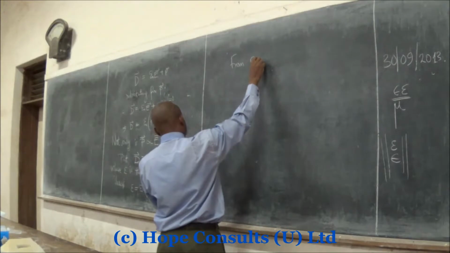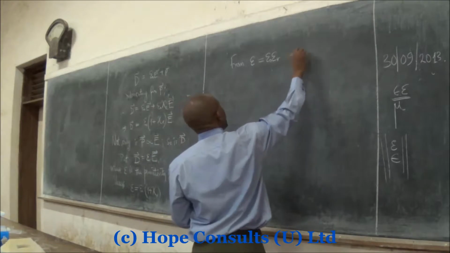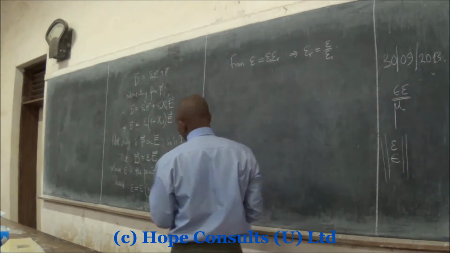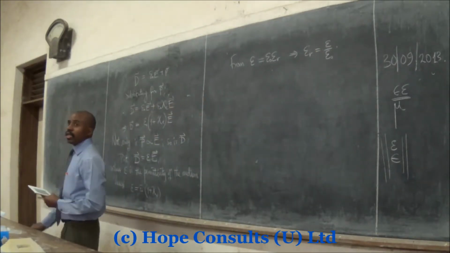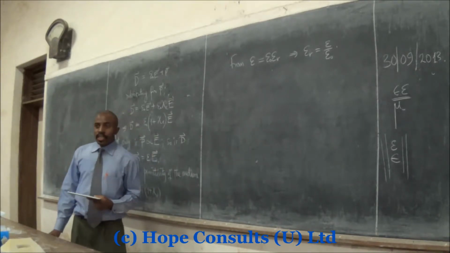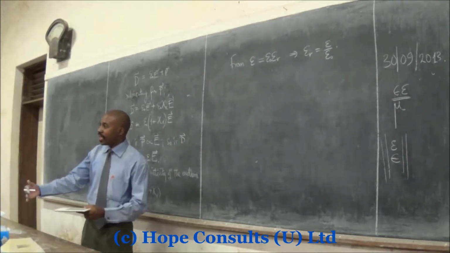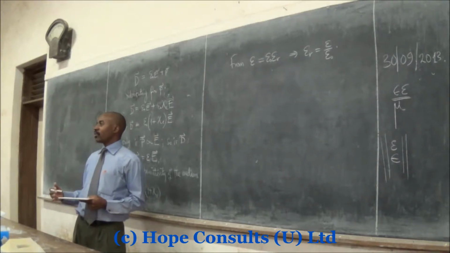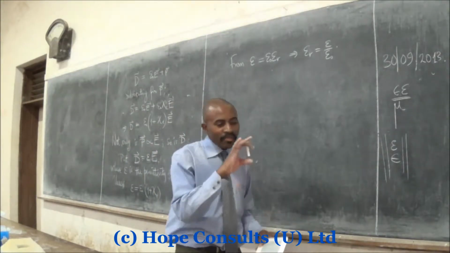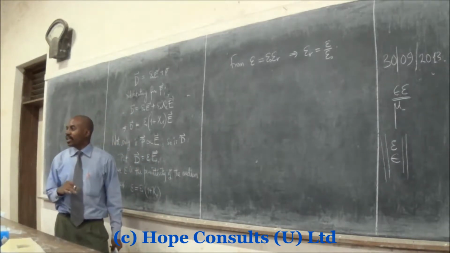So from epsilon equal to epsilon naught times 1 plus chi E, this would imply that epsilon over epsilon naught is equal to 1 plus chi E. And during your high school, you were only told that the relative permittivity is the permittivity of the material or dielectric divided by that of free space, or the ratio of the capacitance of the capacitor with the dielectric to the capacitor without the dielectric.